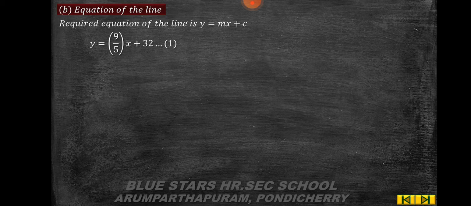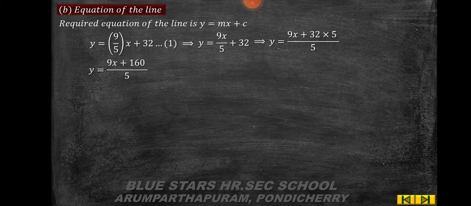So you just substitute the values in the equation, which implies y is equal to 9x by 5 plus 32. The next step, you have to take the LCM. So 9x plus 32 into 5 divided by 5, which implies y is equal to 9x plus 32 into 5 is 160 divided by 5.